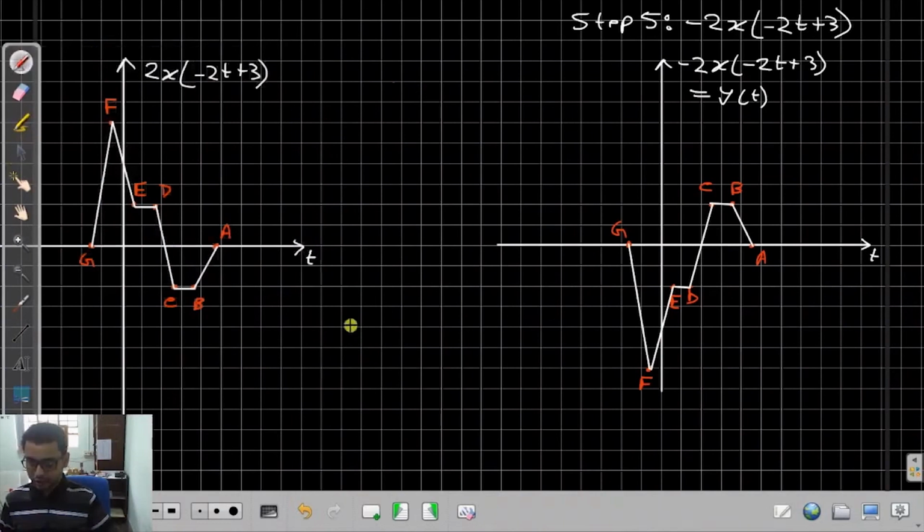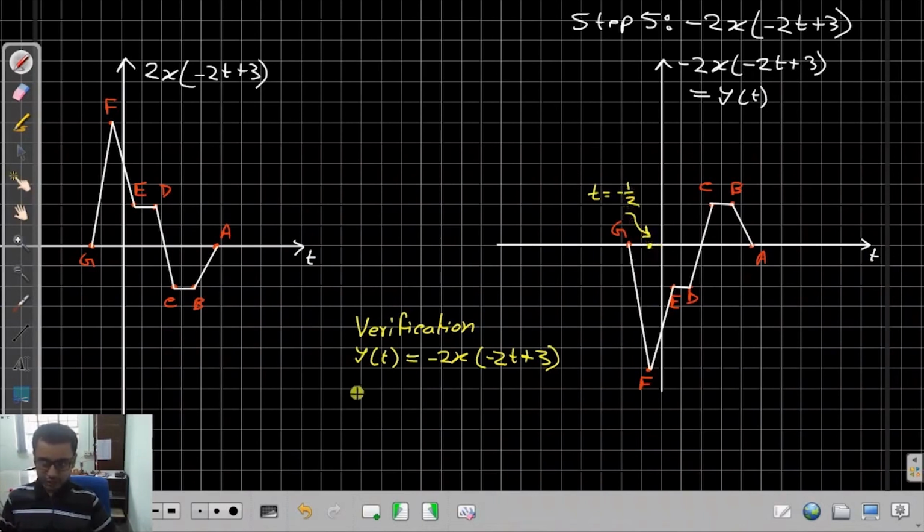So let us do the verification. So we know that y of t is given as minus 2x of minus 2t plus 3. That means if I ask, say, what is the value of y at t equal to minus half? t equal to minus half, this is this point.